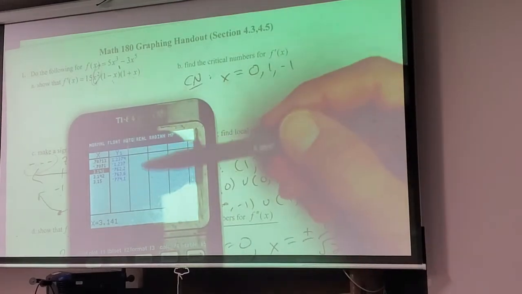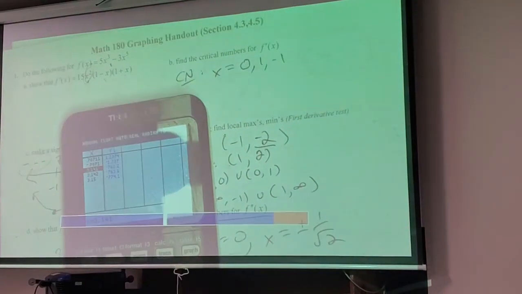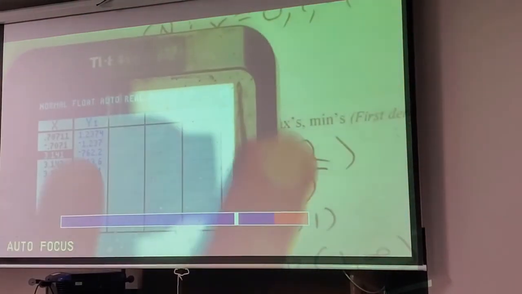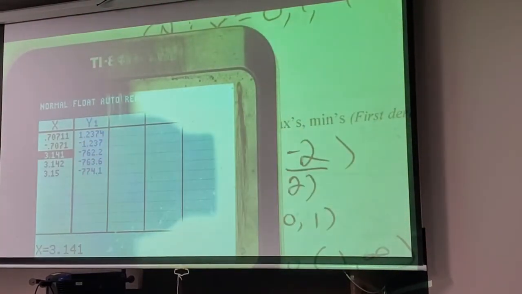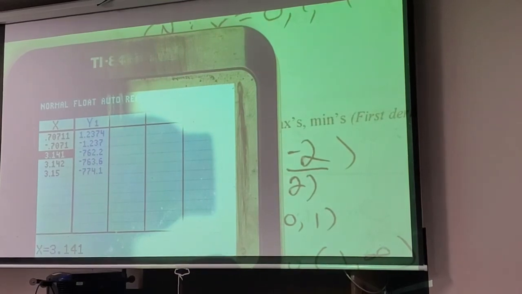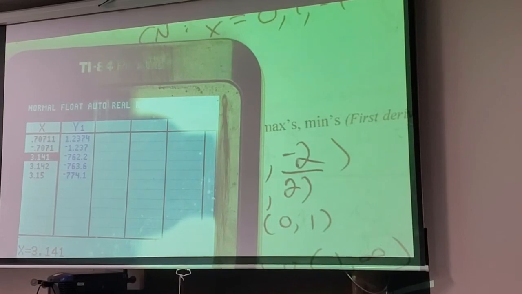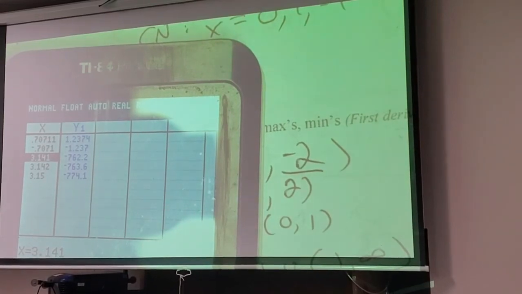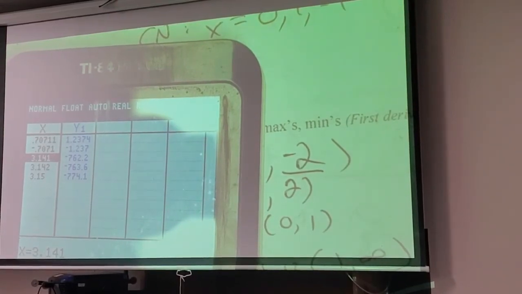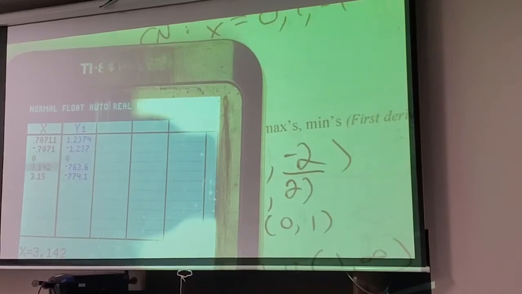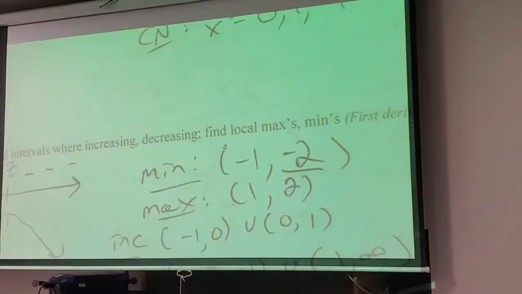Yeah, so I get 1.2374 for the positive one. I think that's what you said, 1.23 or 1.24, and then negative 1.24 for the other one. And 0 is 0. It's amazing. Okay.